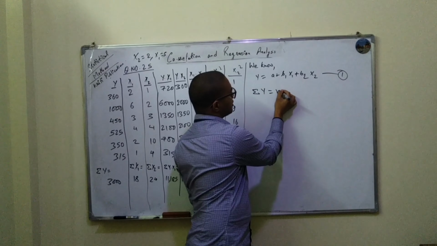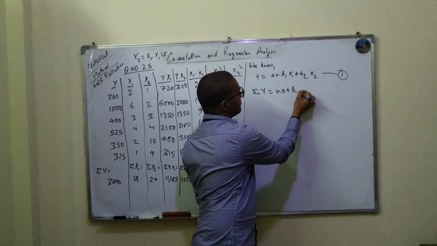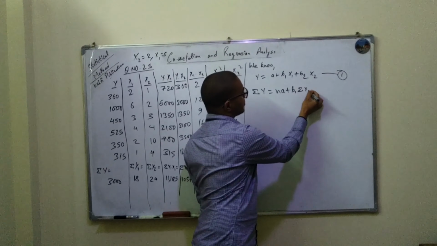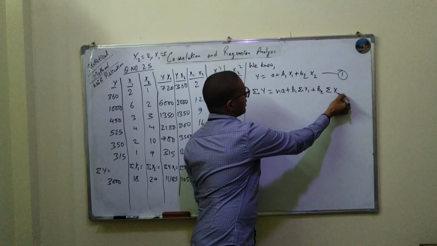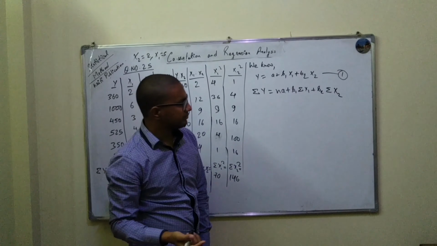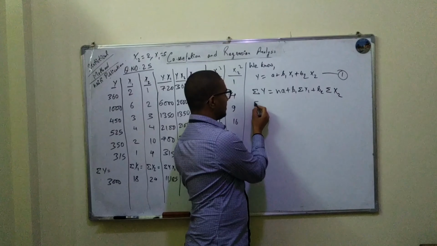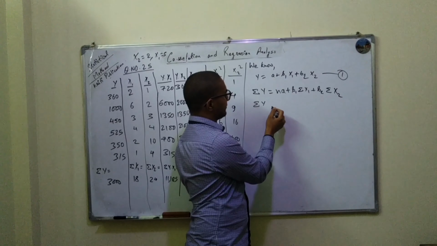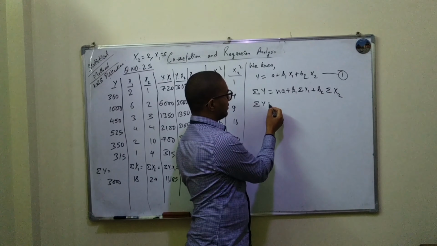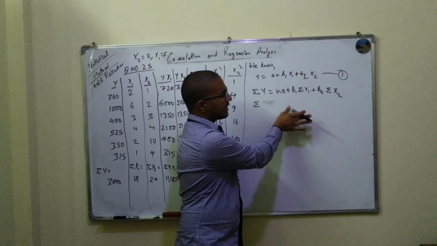Summation y is equal to n times a plus b1 summation x1 plus b2 summation x2. This is our second equation. So our third equation would be summation x, y dot x1.